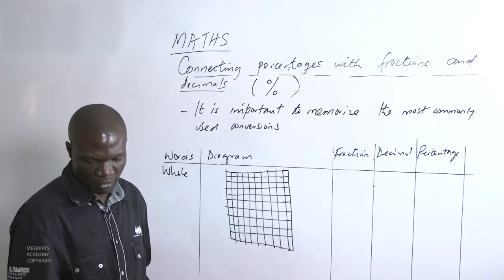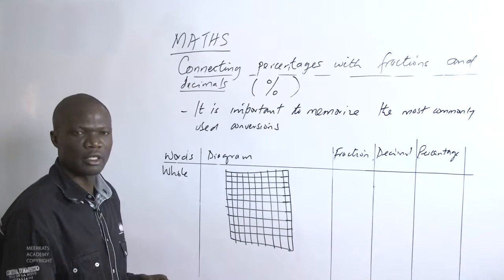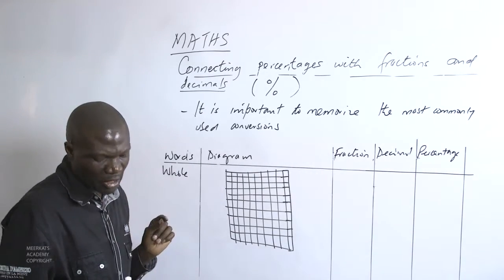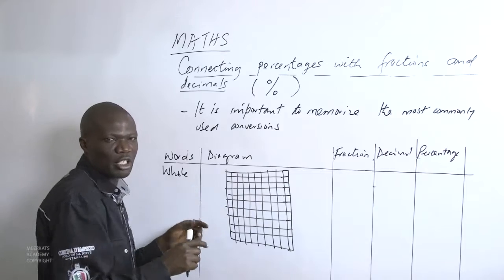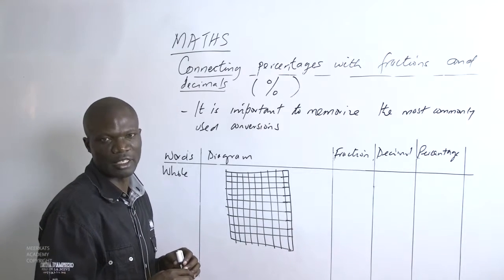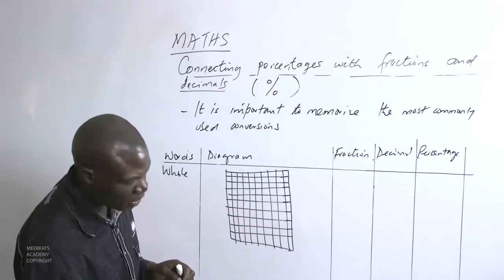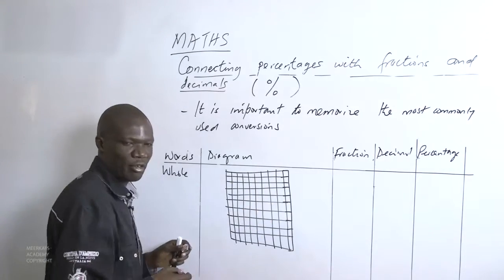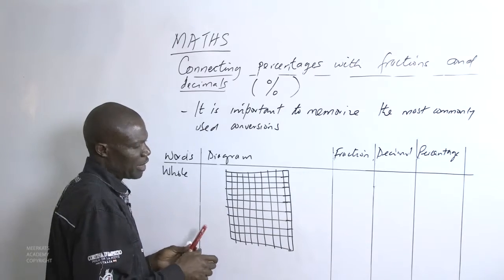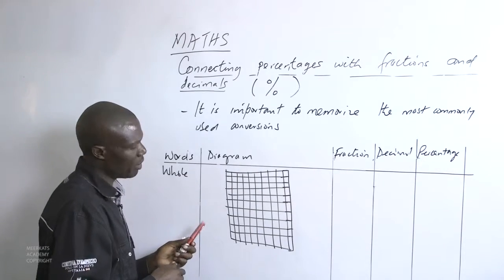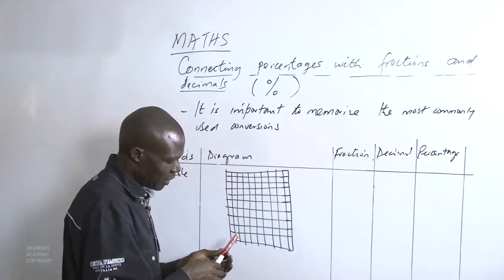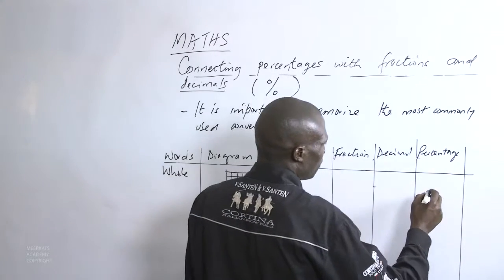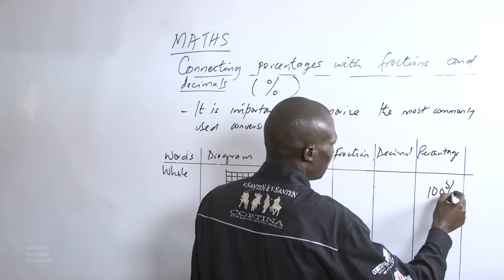Now, what we have is simply a whole, assuming that all these boxes are selected. So you'll find that what we have are a total of how many units? 10 by 10 is a total of 100 units, so this is 100%.